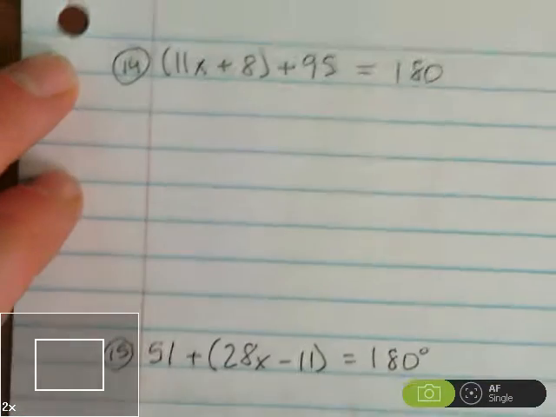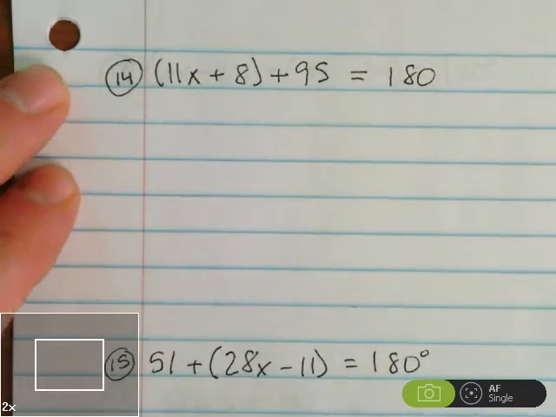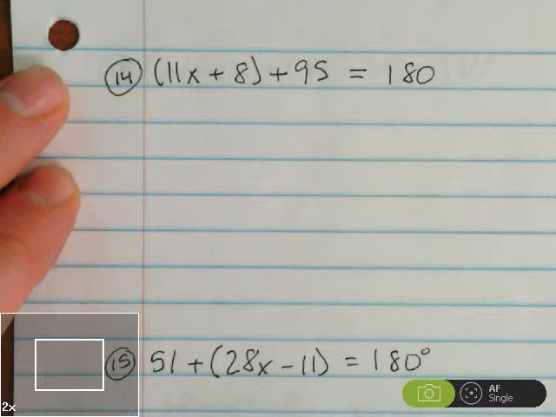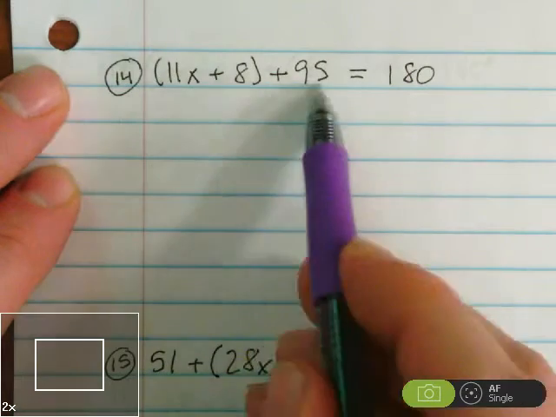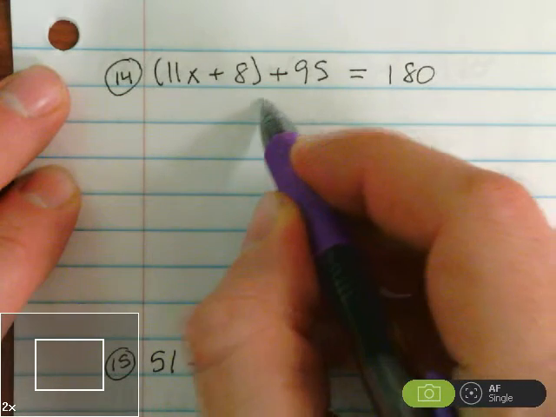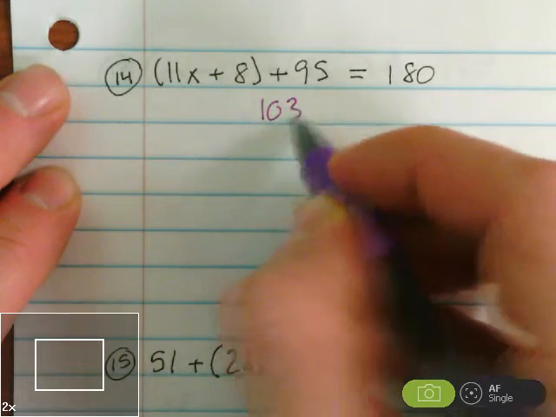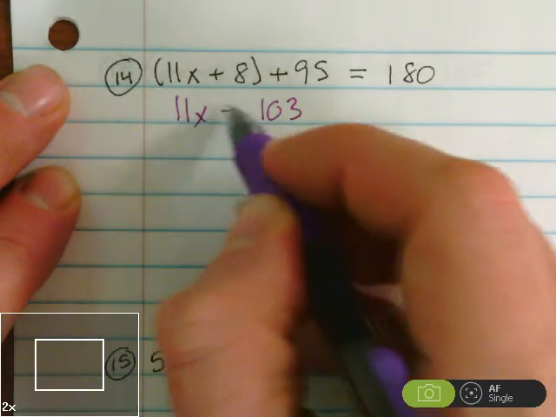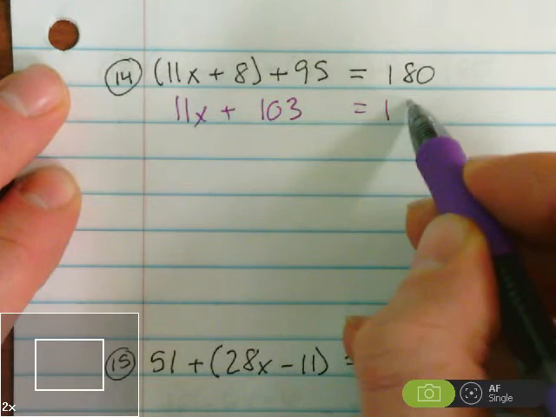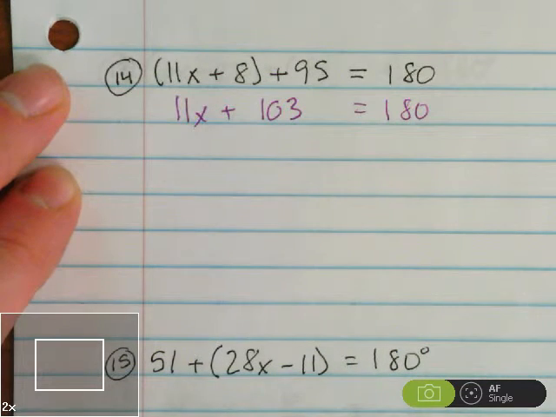Alrighty. Take a look at number 14. First thing we need to do is some combining like terms. 8 and 95 is 103. There's nothing to combine our 11x with. Equals 180.